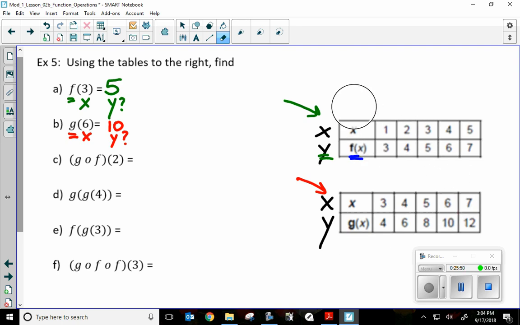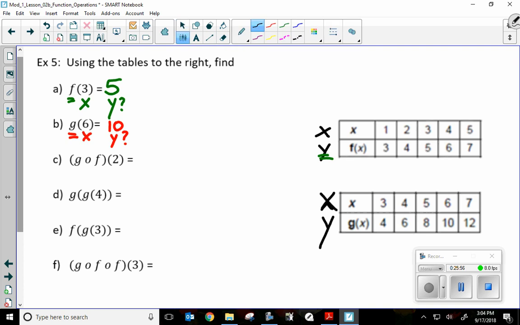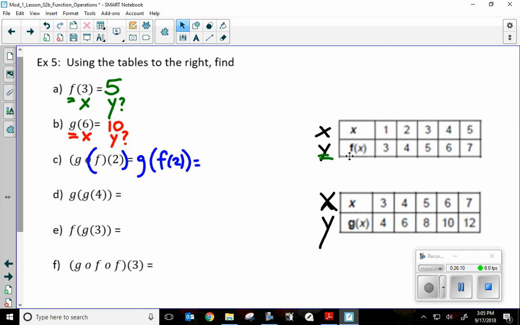So, let's do some of these bad boys. All right, next one. Same deal, okay? I want to do f of 2 first. So that's like g of f of 2. Well, what is f of 2?